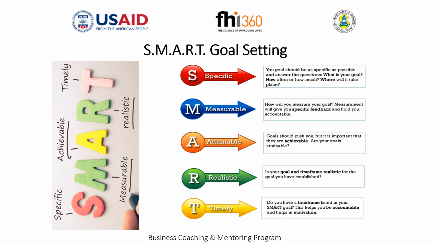Your goal should be attainable. They should push you, but it is important that they are also achievable or attainable. So don't be unrealistic. You know your business, you know your market, you know the work that you're putting in. Set goals that are attainable and achievable, realistic. Understand?